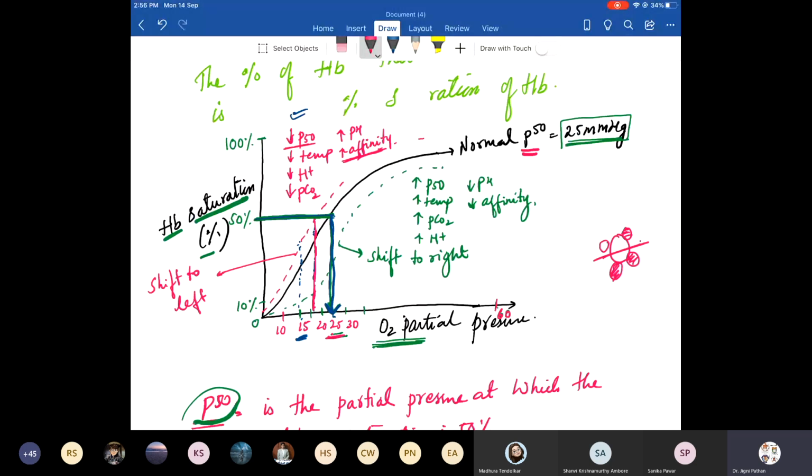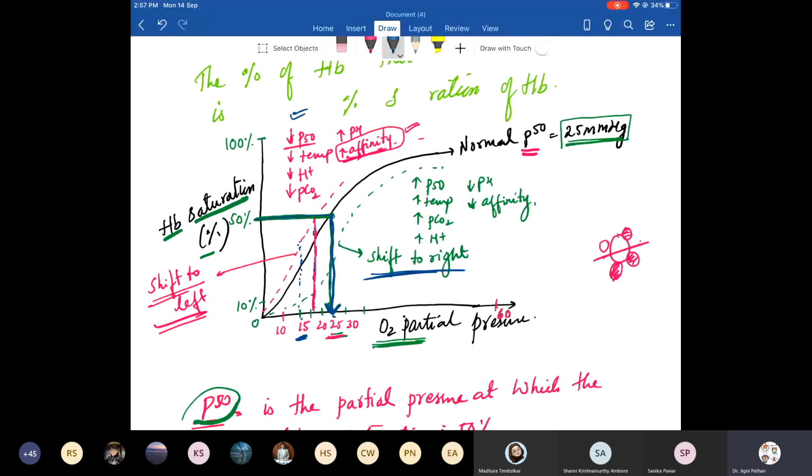So it has more affinity for the binding of oxygen. Hemoglobin has more affinity for the binding of oxygen. This can happen only when there's more affinity for the oxygen molecule, the saturation graph will shift towards the left. Exactly opposite, when it happens, it will shift towards the right.